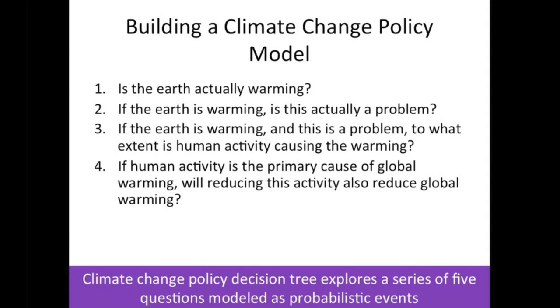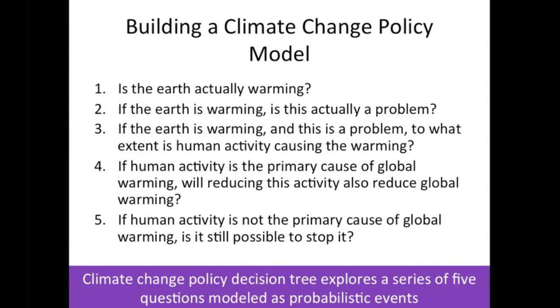Such a deterministic view of the relationship of anthropogenic CO2 and climate change is not shared by some in the scientific community, who argue that there is a high degree of uncertainty associated with understanding the effects of changes in atmospheric CO2.